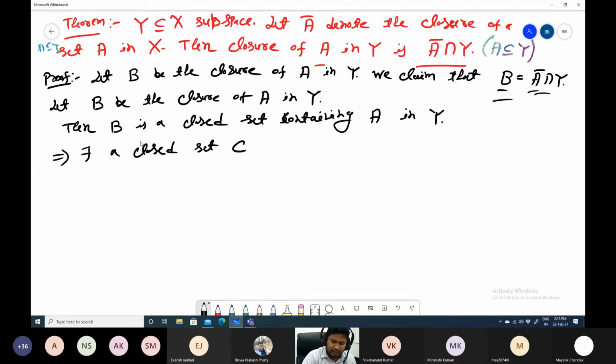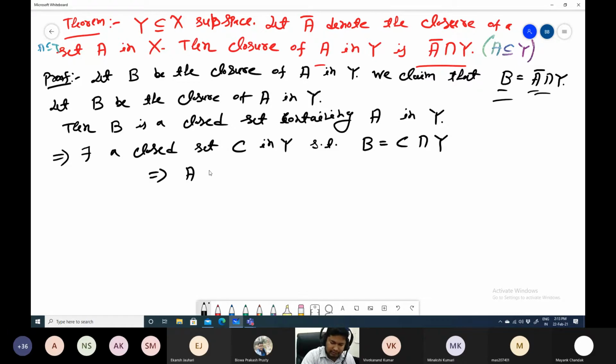Now, since B is a closed set, there exists a closed set C in X such that B equals C intersection Y. Right?